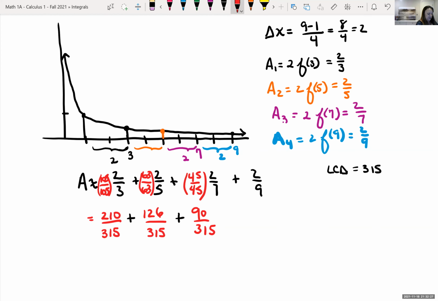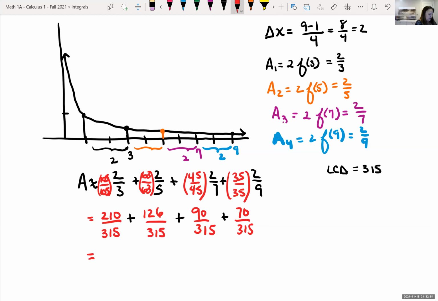9 goes into 315 35 times. So we're going to multiply 2/9 by 35 over 35. So that gives us 70 over 315.